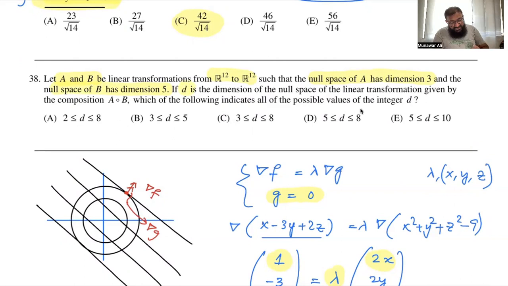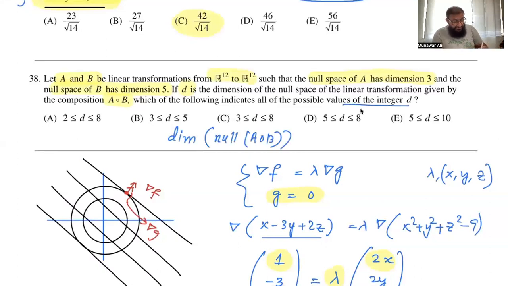D is the dimension of the null space of the linear transformation given by the composition A composed with B, or A after B. So we are required to find the dimension of the null space of A after B. They are asking what the possible values of D are.